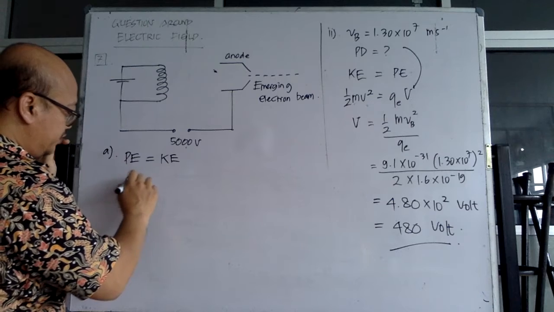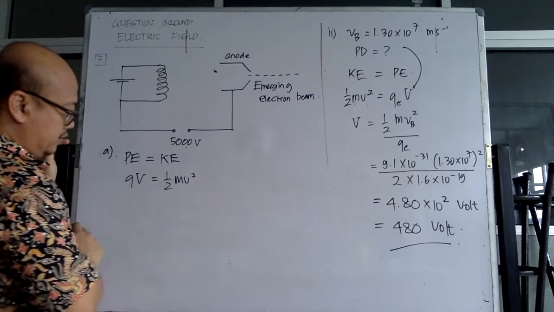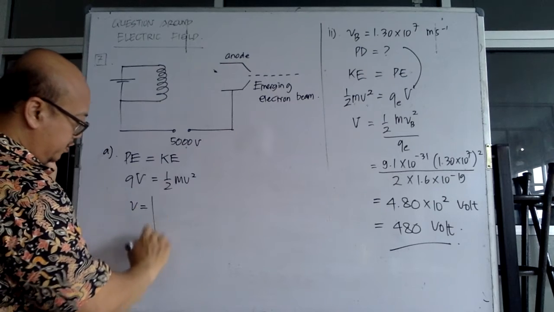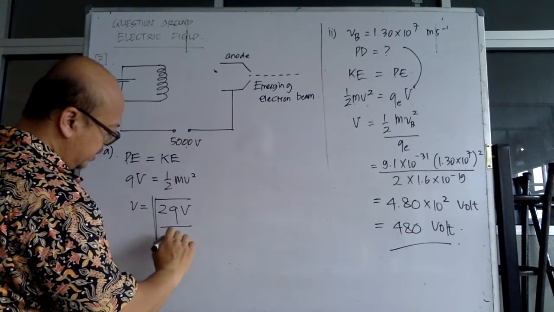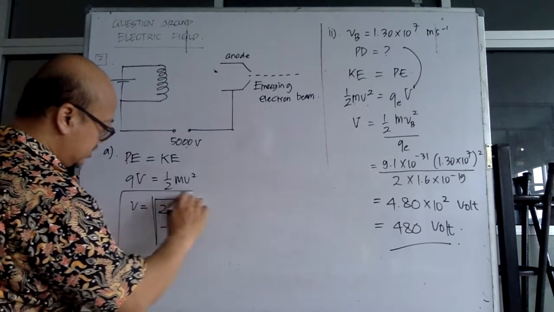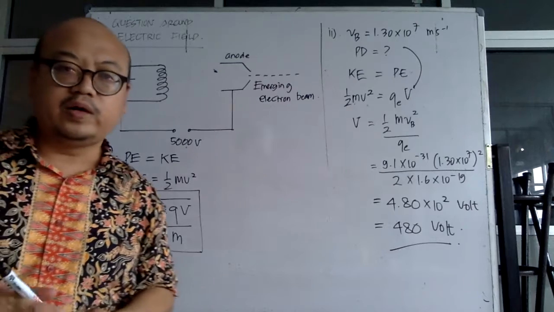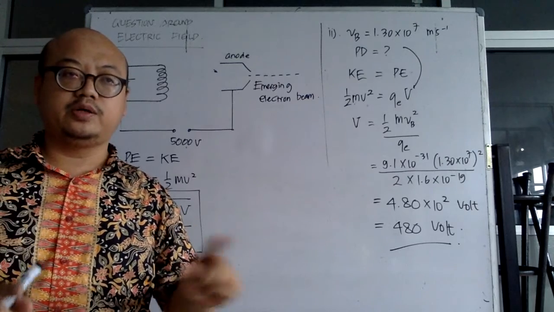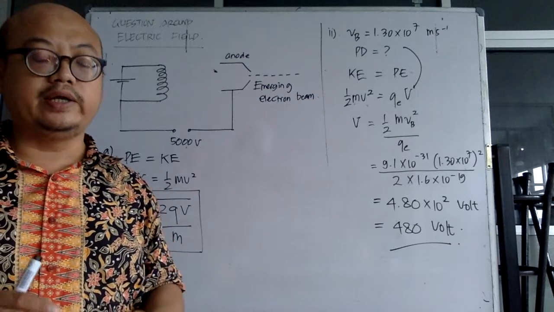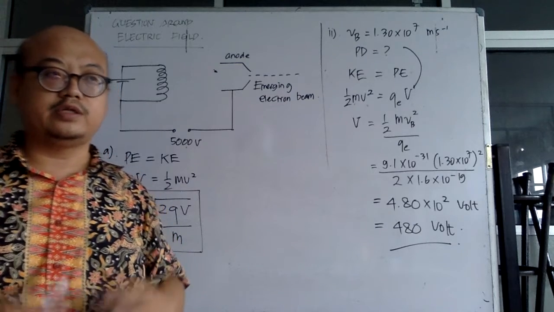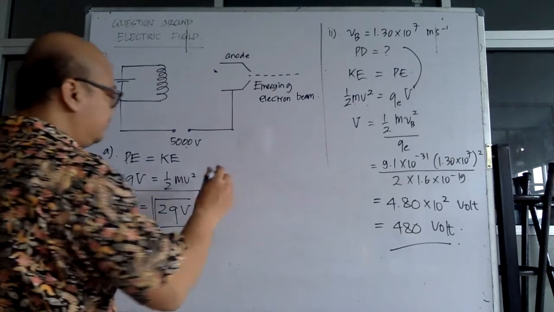So we have QV equals a half mv squared. So v equals the root of 2QV divided by m. This is the formula to find how fast the velocity is when the electron is accelerated by a voltage. Okay, we calculate this.